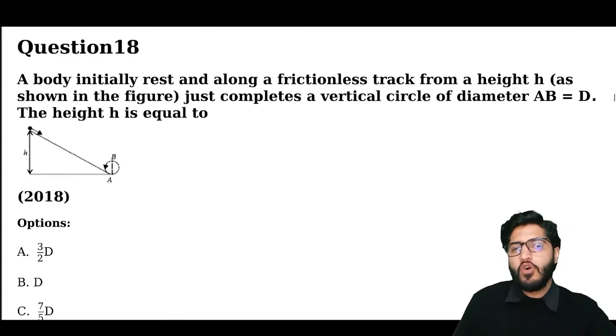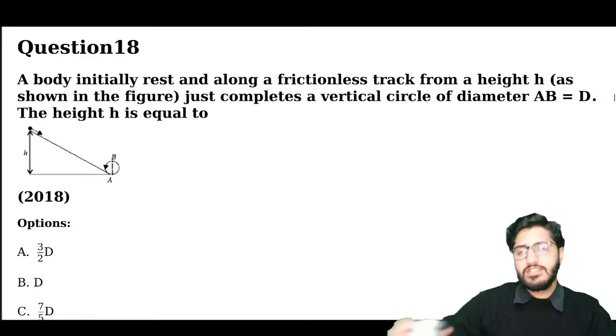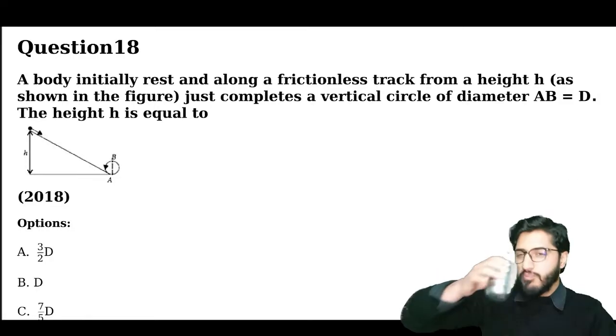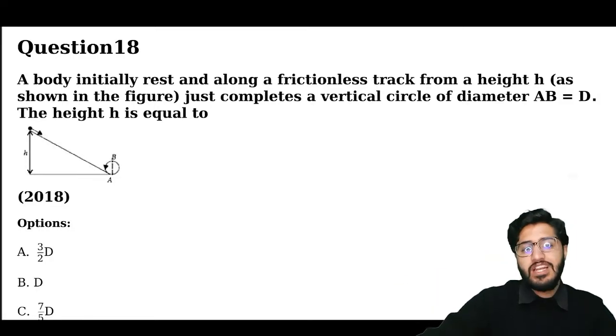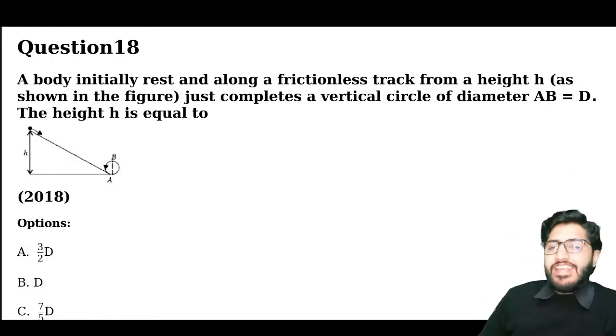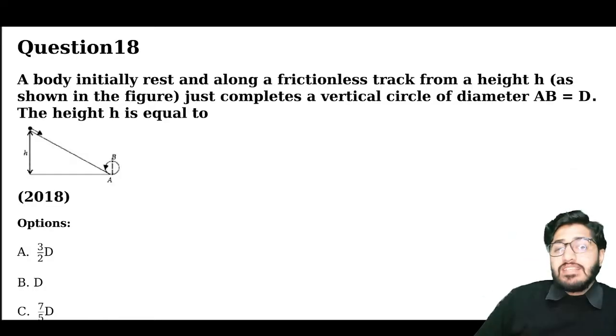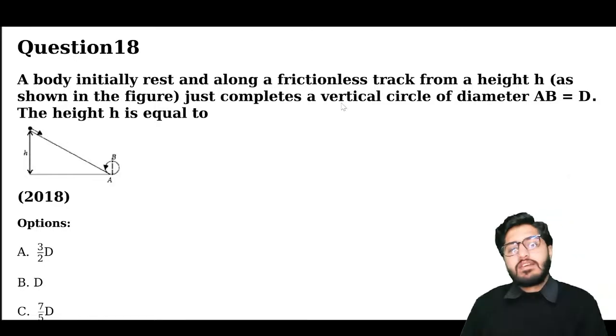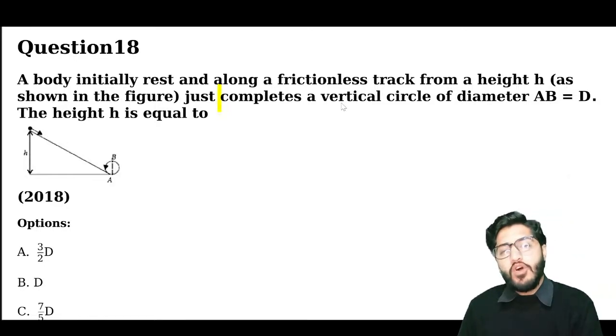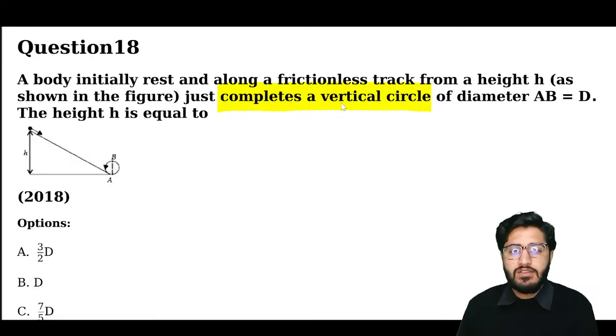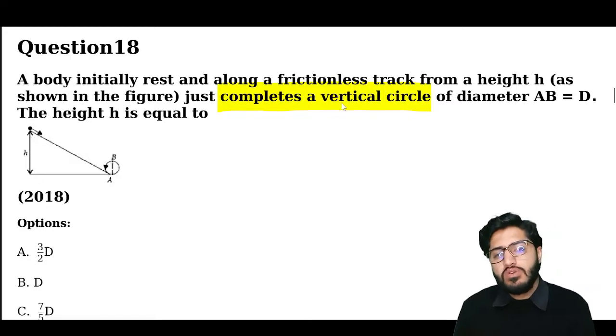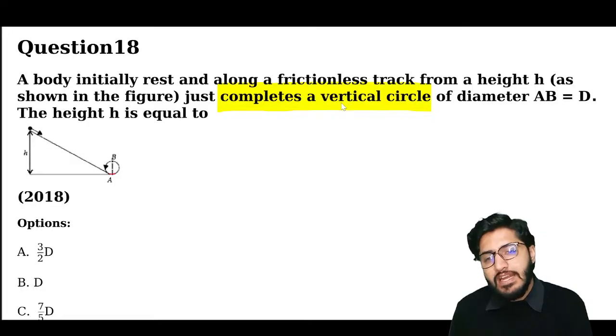A body initially rests along a frictionless track at height h and just completes a vertical circle. If a body in circular motion needs to just complete a vertical circle, do you know what the velocity at the end point should be?